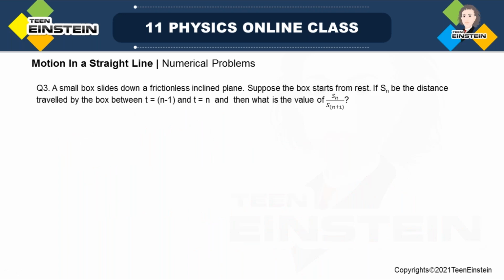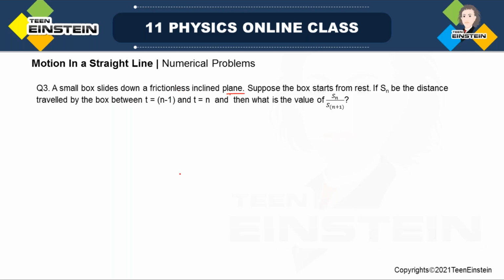This problem is very simple. Can you read this and tell me whether you can solve it or not? The problem is: a small box slides down a frictionless inclined plane.